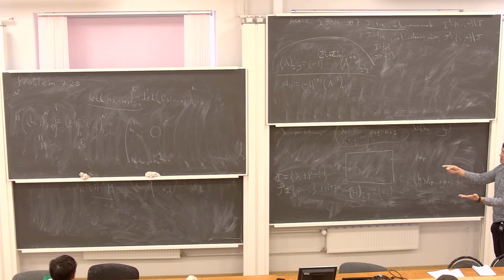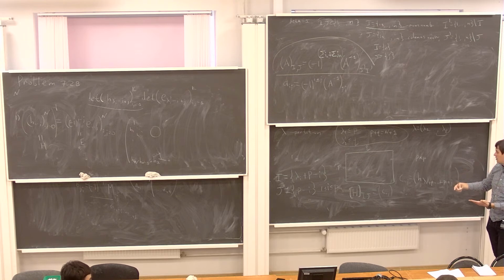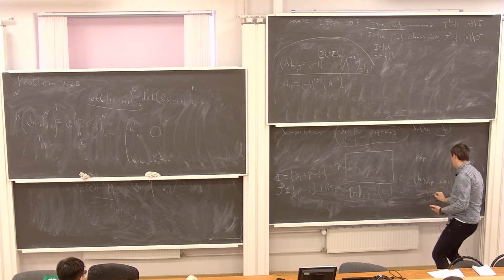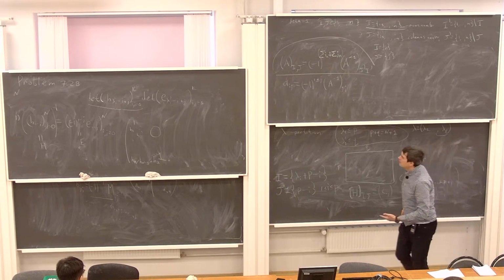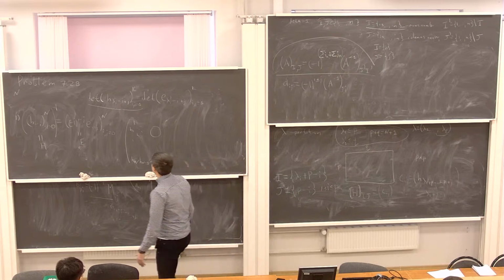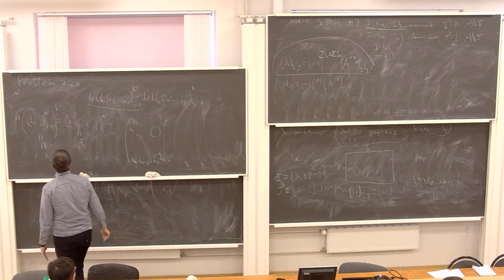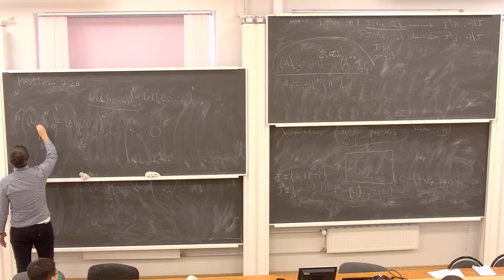I mean, our matrix has row minus column number, right? But this is equal to what? Lambda_i plus j minus i. Yes, that's right.